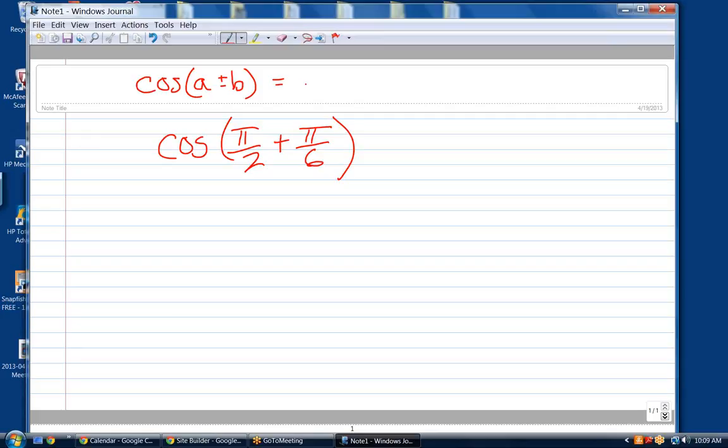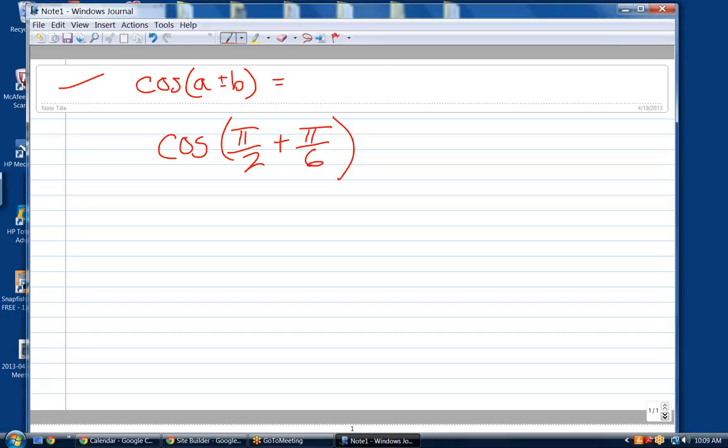Does he make you memorize these, or does he give you these on the test? Memorize these. Okay. So the reason we start with cosine and not sine is it makes it easier to memorize. Cosine is cosine, cosine, minus or plus, sine, sine. That's all you need to memorize, because the letters will fill themselves in. In other words, I know that the sum and difference answer has 2 cosines and 2 sines in it.